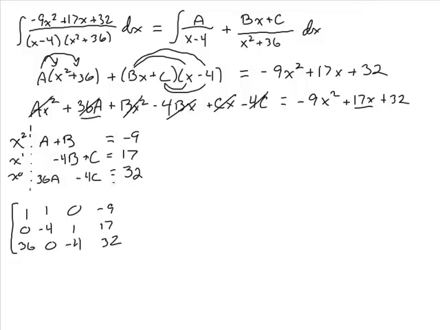Feel free to pause the video so you can see where all of these are coming from. Sometimes you'll see people put a dotted line here because we have a square matrix with the solution vector added on. Don't worry about that. Again, this isn't linear algebra. I just want to show you a nice way of using the calculator to solve this.